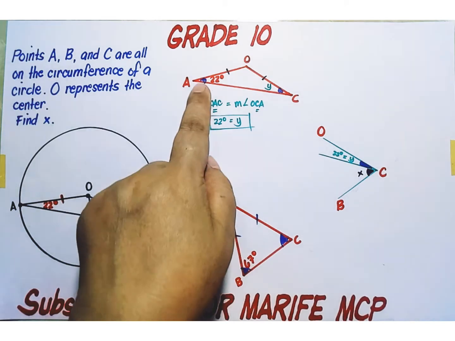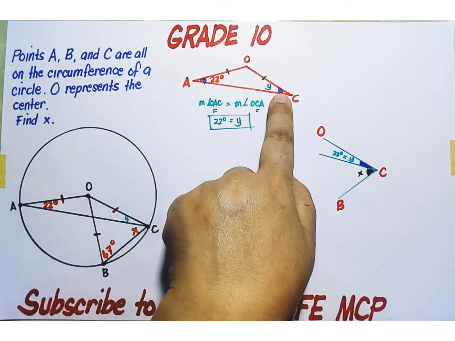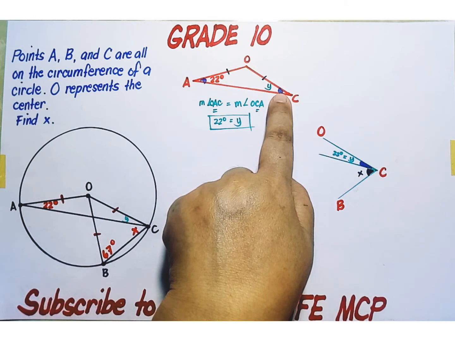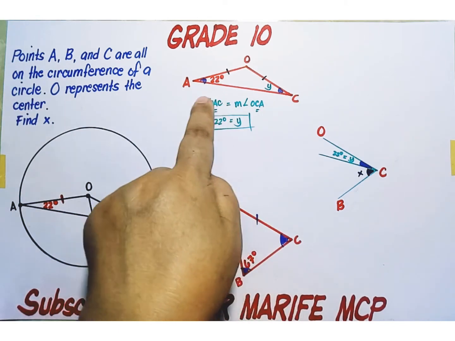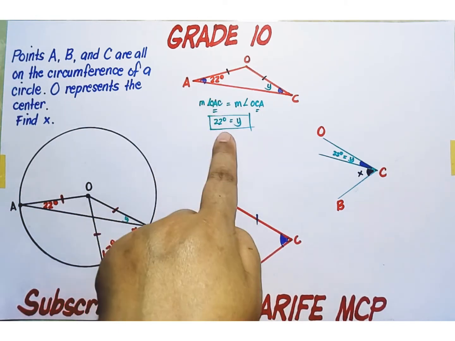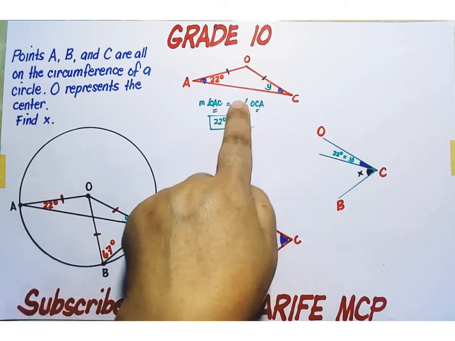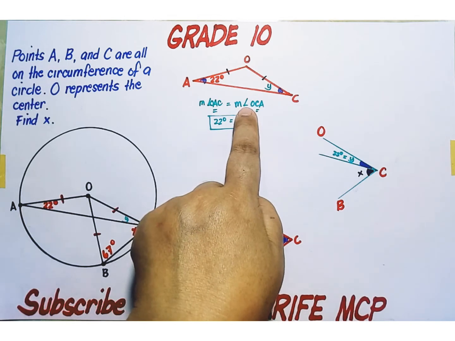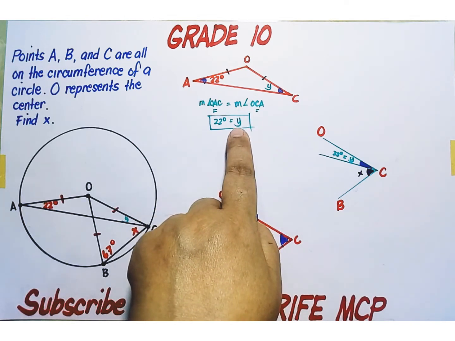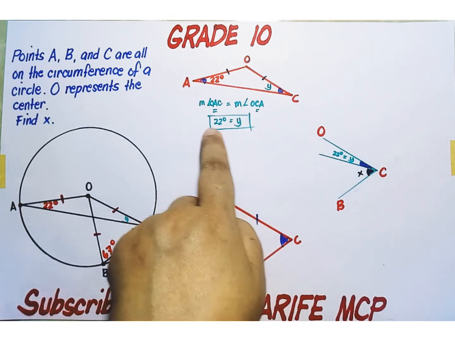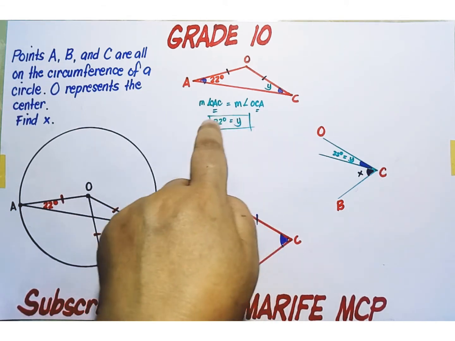Measure of angle OAC is equal to measure of angle OCA. Since this is given, we can replace the left side of our equation with 22 degrees. Since I call this Y, we can replace the right side of our equation with variable Y. Therefore, Y is equal to 22 degrees.